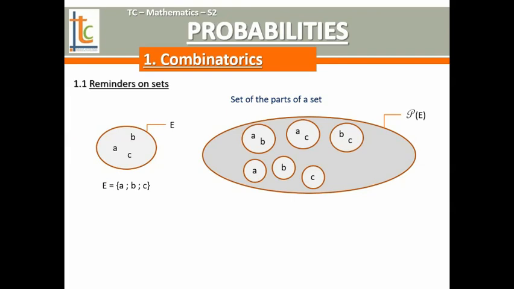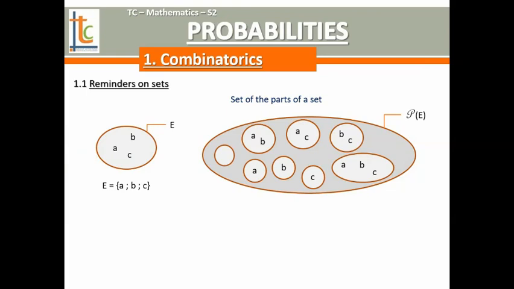Are there other possibilities? Yes, there is another possibility. You can take the whole set of elements of E. So the set E belongs to P of E. Are we finished with that? No. With this example, we are missing something. Our empty bag should remain empty. So the empty set is a possibility among others.